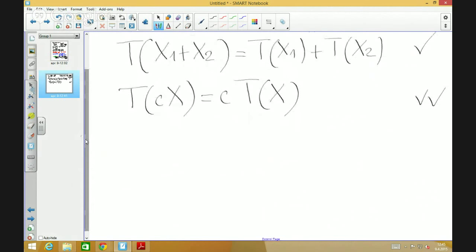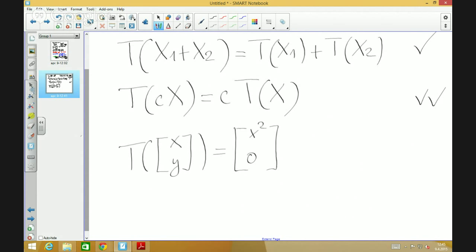Okay, so let's look at an example. Suppose that I consider this transformation that takes a vector (x, y) and maps it to the vector (x squared, 0). And I ask you, is this function linear?